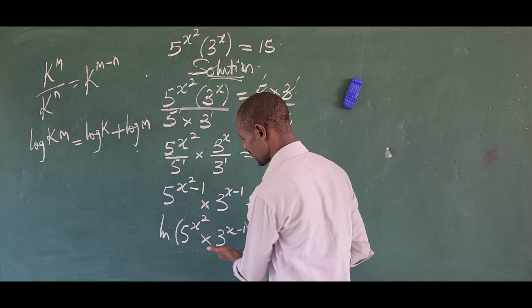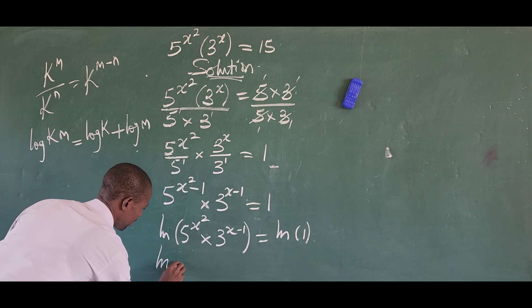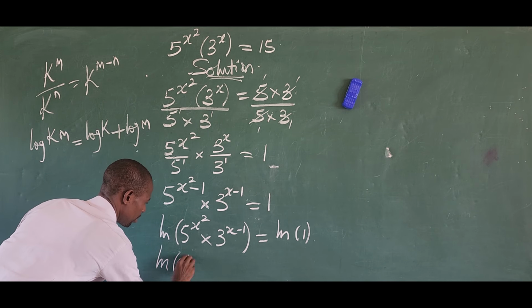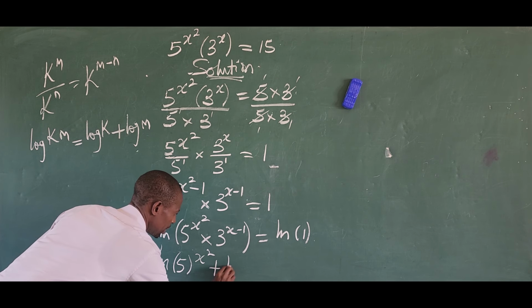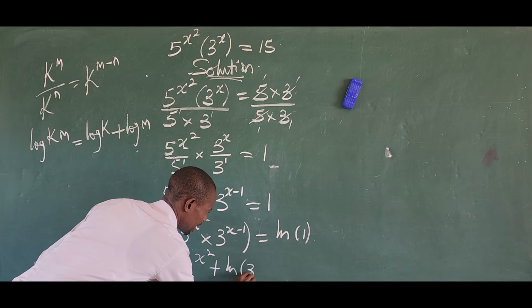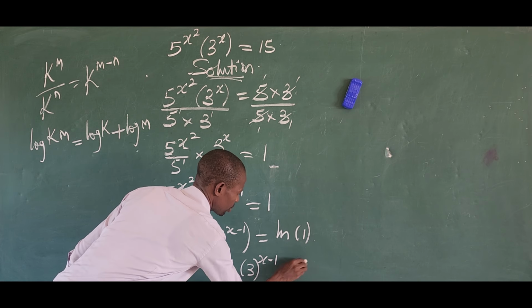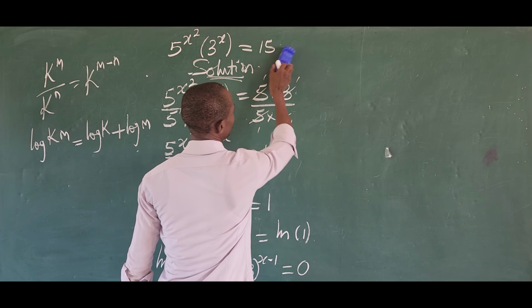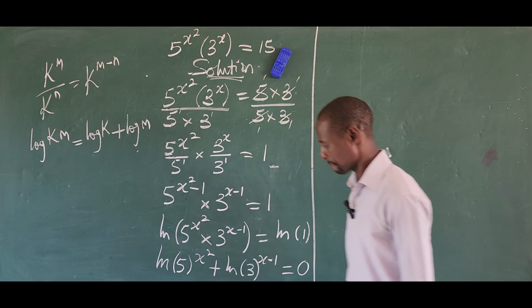So we can apply that here. This is going to give us the ln of 5, all raised to x raised to power 2 minus 1, plus the ln of 3, all raised to x minus 1. This is equal to 0. Okay, so let's continue on this side and see what this gives us in turn.